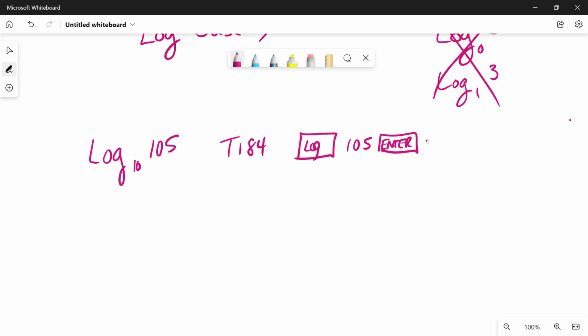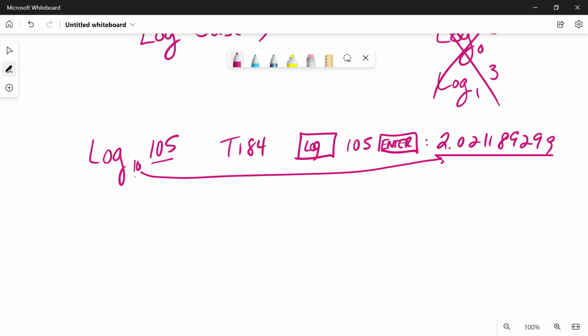The answer that gives me is 2.0211899299, which means that I would need to raise 10 to this power in order to get 105. 10 raised to this power gives me 105.